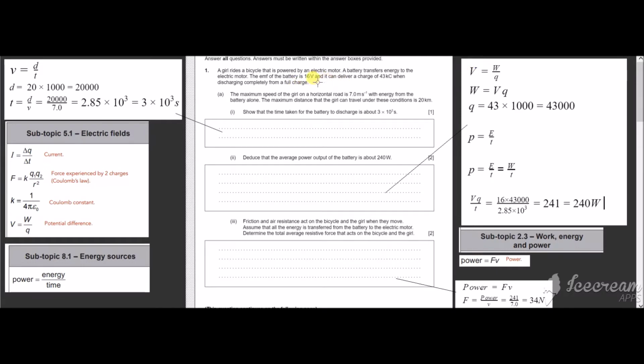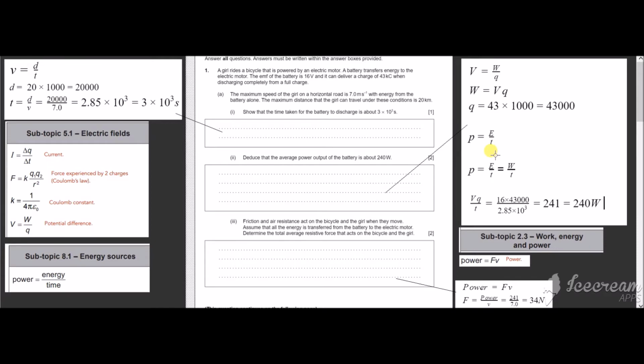We have 16 volts. We know what the charge is, 43 kilocoulombs, so we have to remove the kilo from there, so we're going to multiply that by 1000. So 43,000 coulombs.